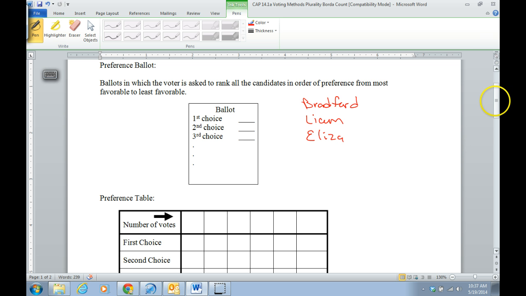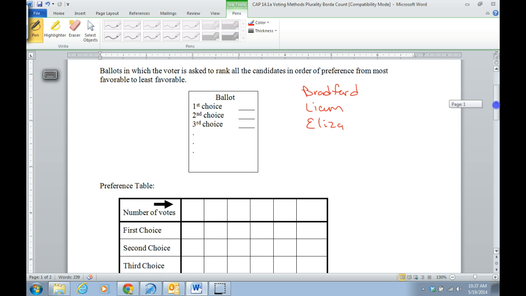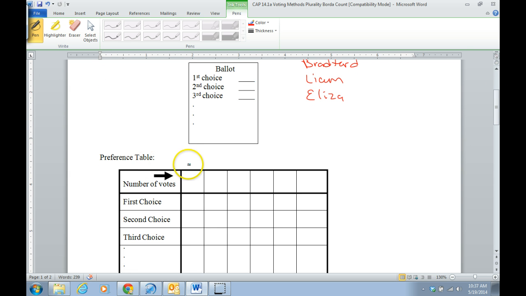Now, one of the things that we're going to be using is something called a preference table. This preference table actually puts down all the possible combinations that we can have for first, second, and third choice. So that's one thing I want you to write on your notes: possible combinations are listed.